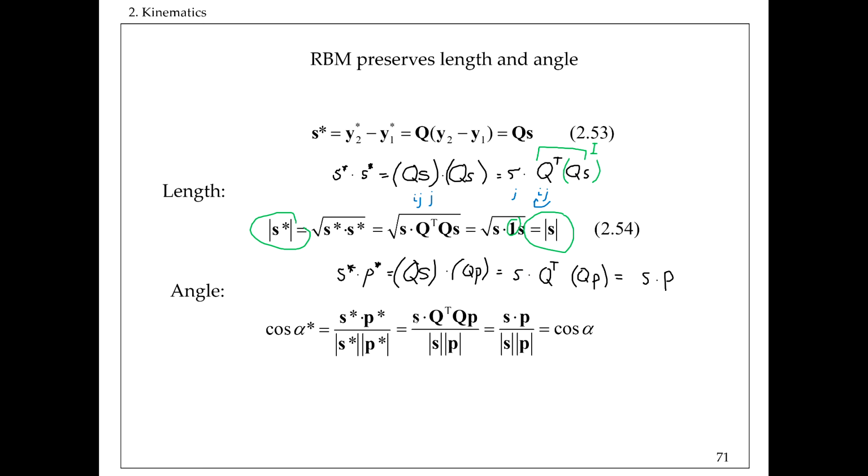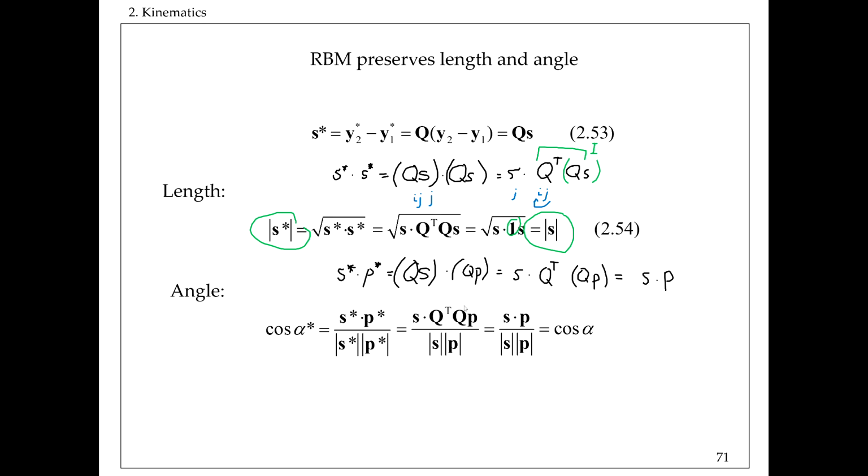So again, this multiplication S star and P star is nothing but S multiplying by Q transpose Q P, this whole tensor acting on the vector, and we already know that Q transpose Q is identity tensor again. So this is our proper orthogonal tensor. That's the property of that. The Q transpose can be expressed as inverse, and of course then automatically this is identity tensor.